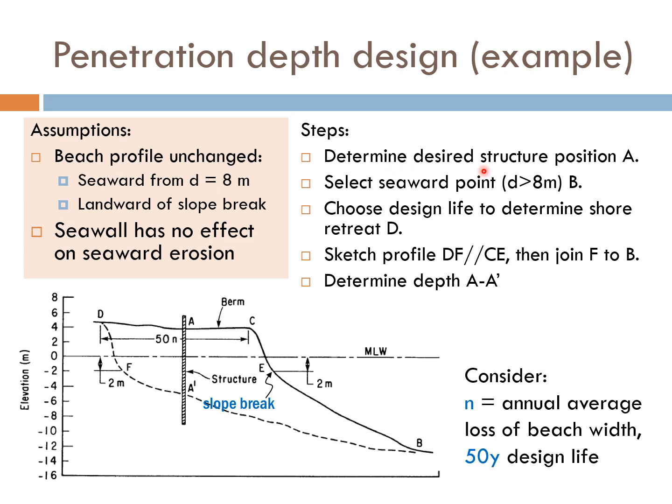First and foremost, the desired structure position will be determined, such as A over here, where this is the proposed seawall location. We will select a seaward point B where the profile is unchanged, and that should be somewhere deeper than 8 meters.